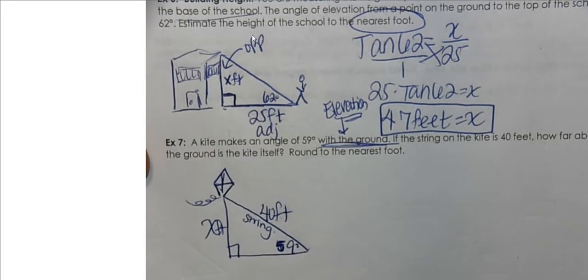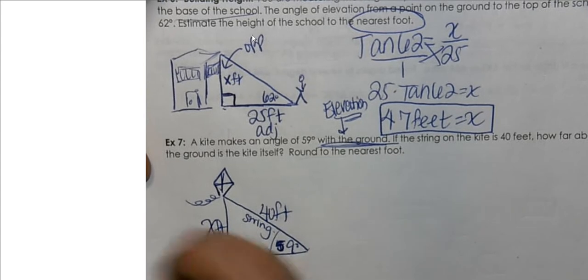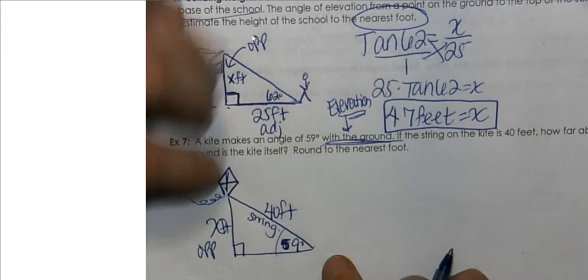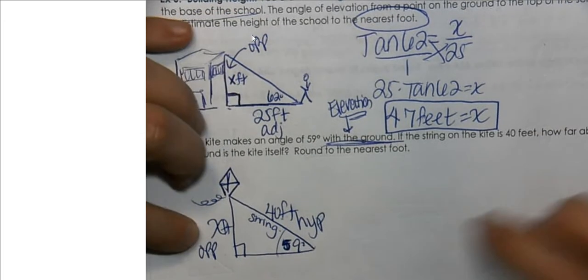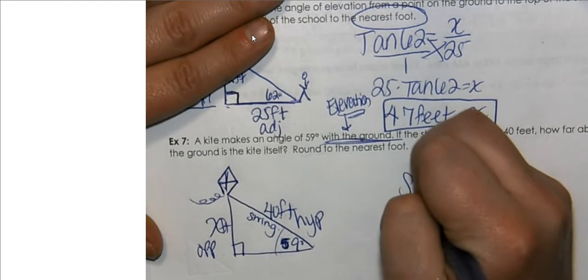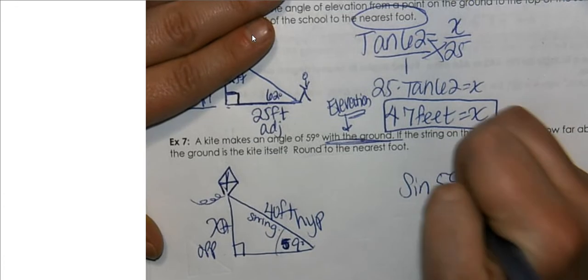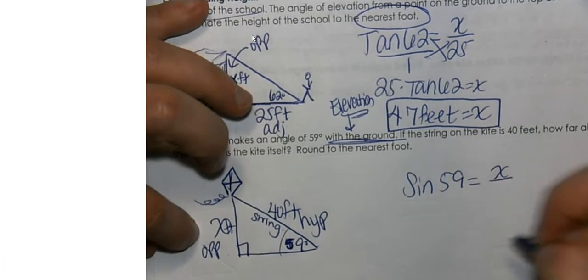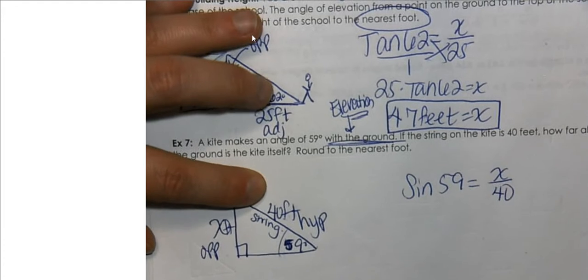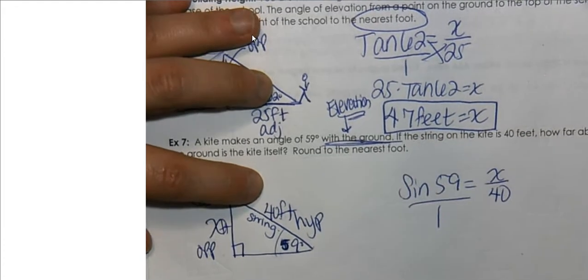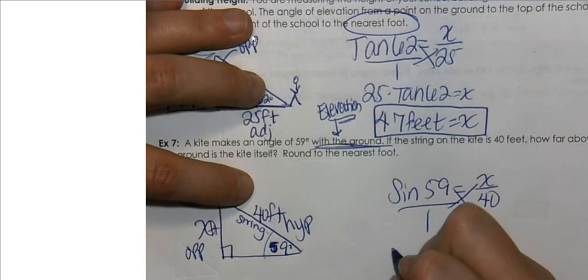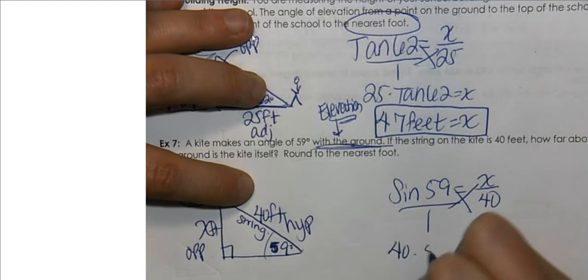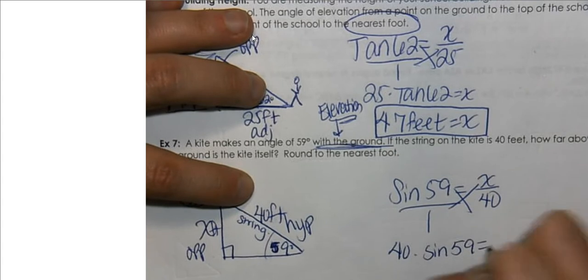So with respect to 59 degrees, x is the opposite and the string itself is the hypotenuse. This is O and H, so that means I'm working with sine. So the sine of 59 is equal to the opposite, which is x, divided by the hypotenuse, which is 40. I'm going to make sine of 59 be over 1, and we're going to use cross product so that we end up with 40 times the sine of 59 is equal to x.